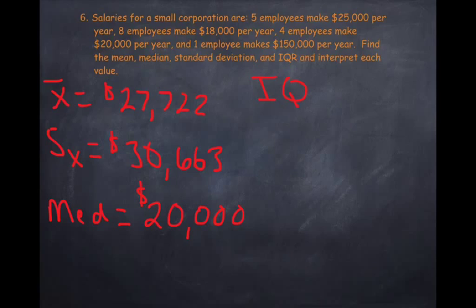And then we want to find our IQR. And so Q3 was 25,000 minus Q1, 18,000. If you find that difference, you should get 7,000 for your IQR.